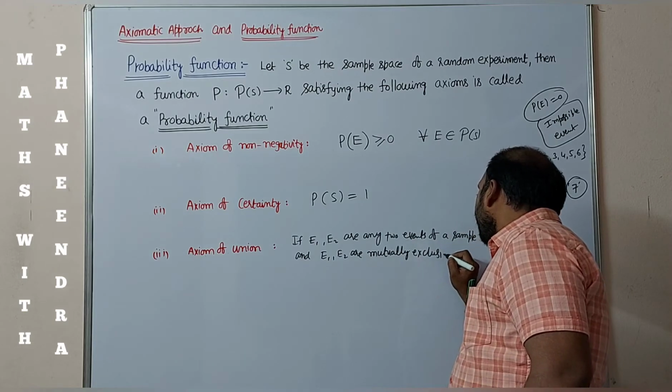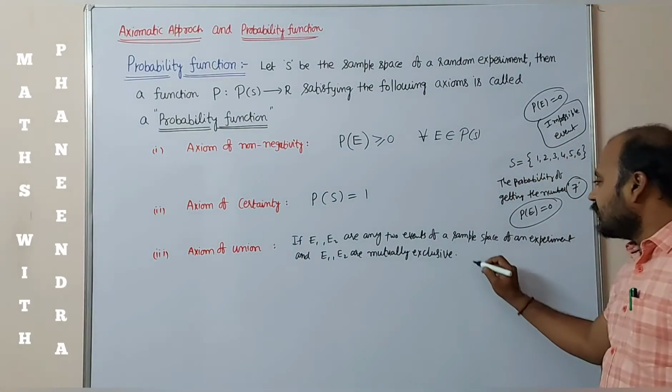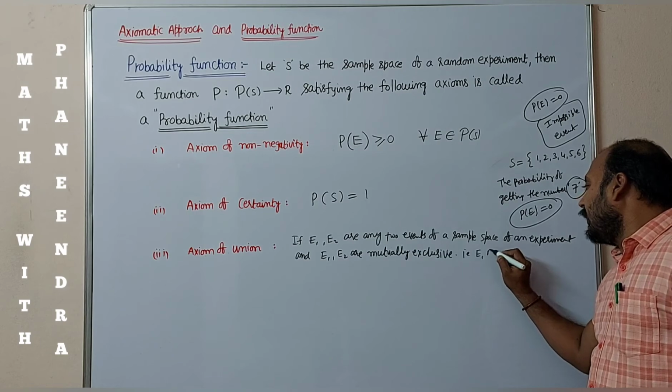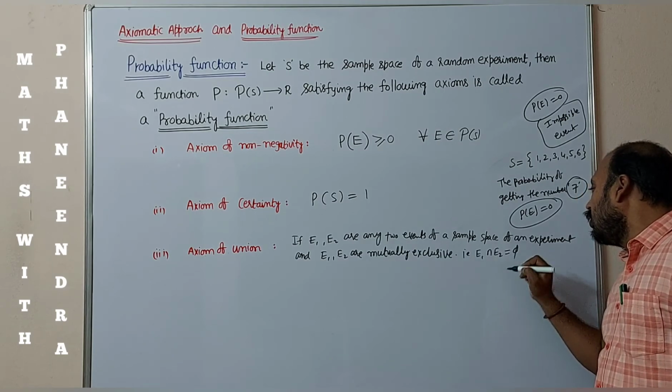That means exclusive means what? E1 intersection E2 is equal to phi.